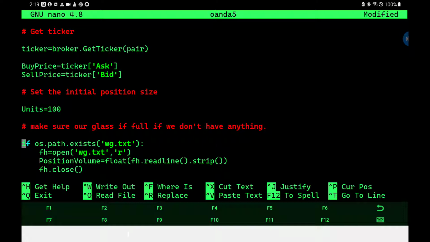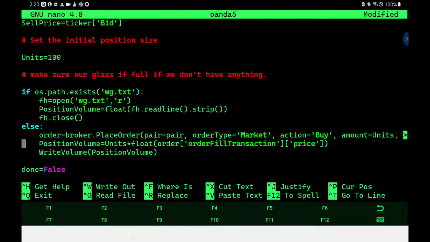This is what helps us decide and remember where we're at and what we're doing, because it's possible this program could be interrupted in the middle. So if this file exists, we simply read the original value.